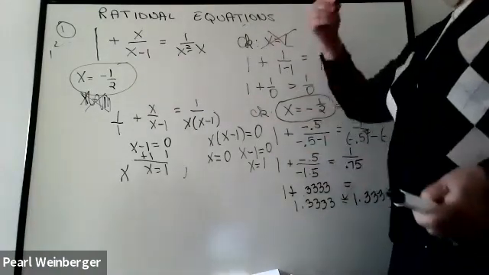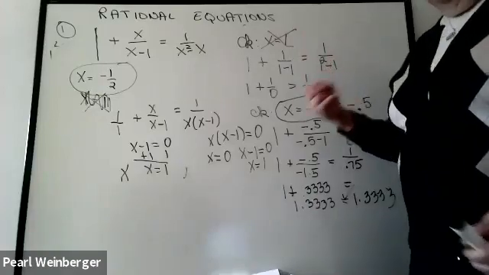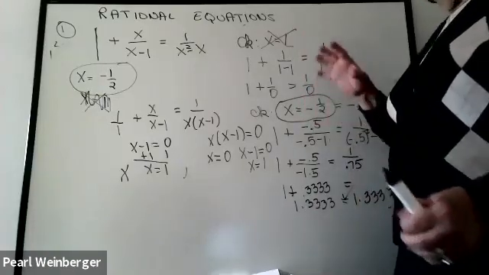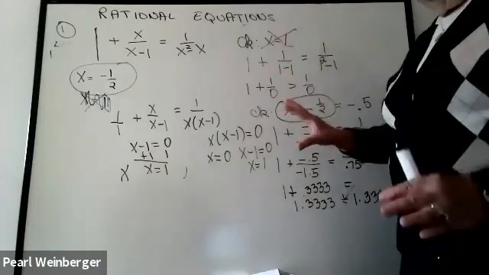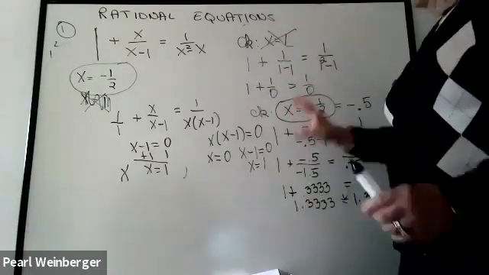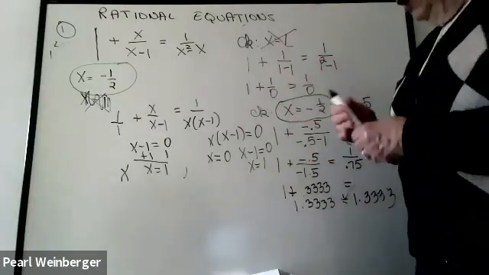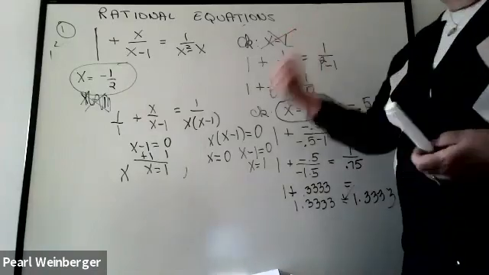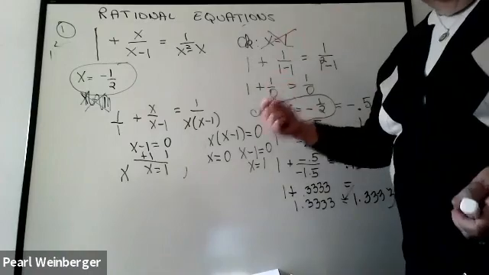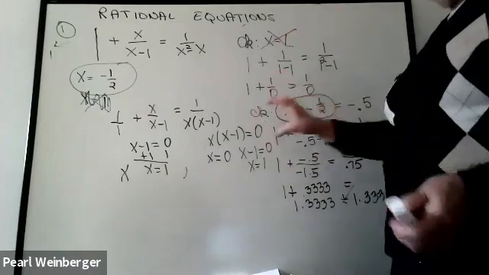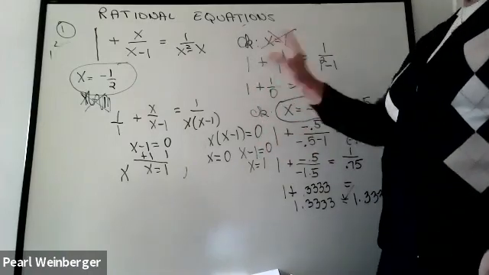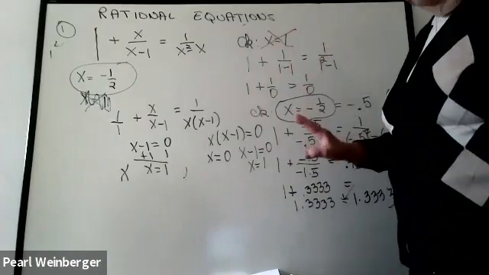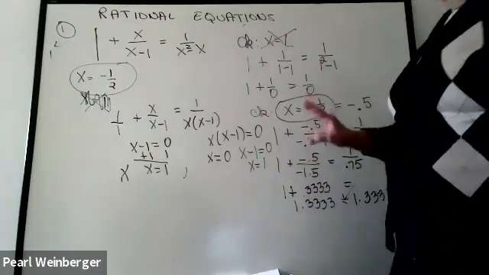But again, if you want to save time and you feel very uncomfortable with these, you can first figure out what your extraneous roots would be, and if they come out as an answer right away, eliminate it. Okay.